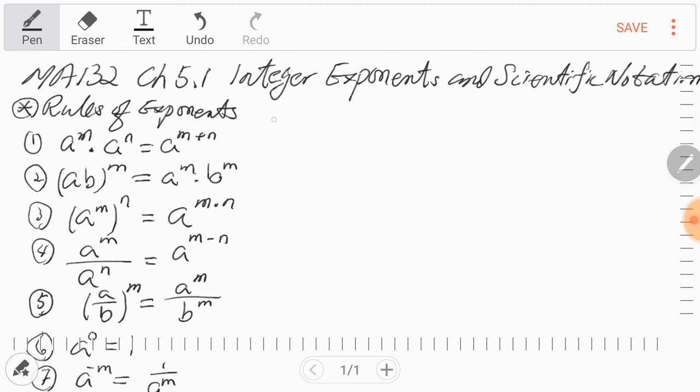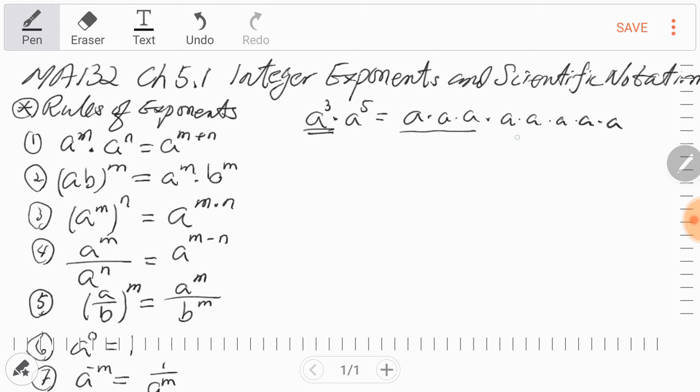a to the mth power times a to the nth power. Let's check this one: a to the third power times a to the fifth power. Then this is a product. So 3 a's are multiplied for the first expression, and then 5 a's are multiplied for the second exponential expression.